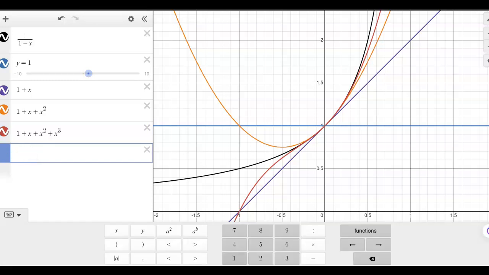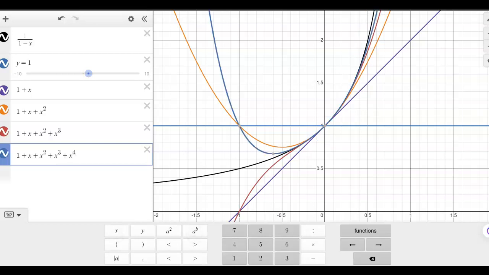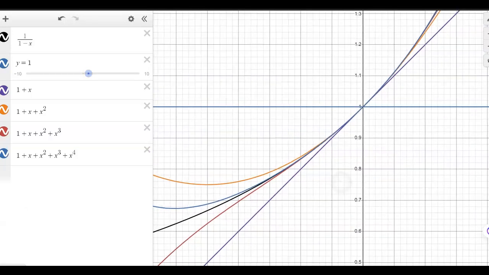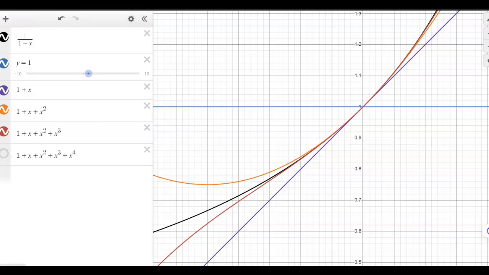Let's go to a quartic. So let's go to 1 plus x squared plus x cubed. Now we're going to add an x to the 4th. Again, try to get in here. Change the color. Keeps wanting to go back to the same colors for me.